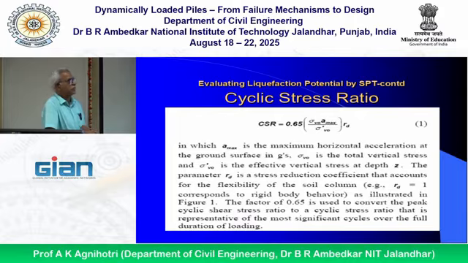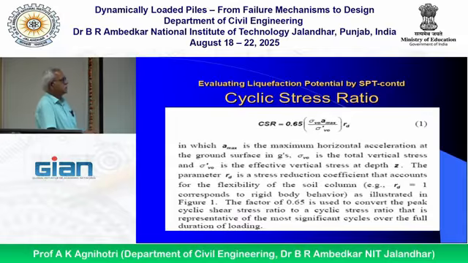So like that you will calculate sigma V0 dash. Sigma V0 is total; here we will not consider the effect of submergence. Above the water table it is total, and below the water table it is gamma saturated.